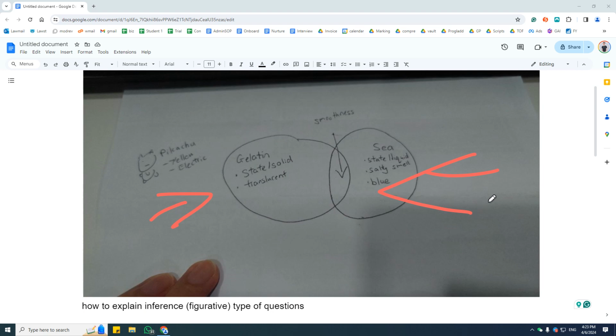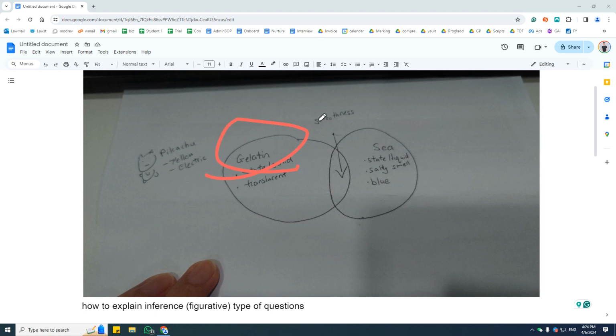In one of the comprehension passages, there was a classic explain how question. Explain how the language used by the author shows that the sea was very calm. And one of the quotes to select was that the ocean was like gelatin, okay?